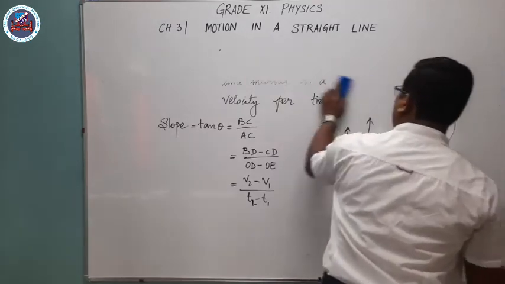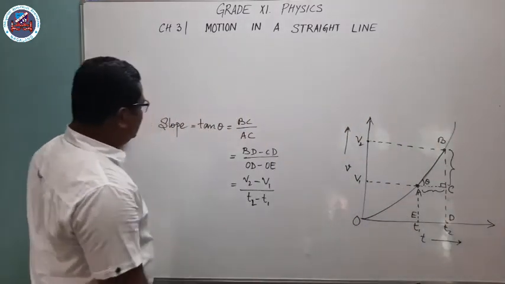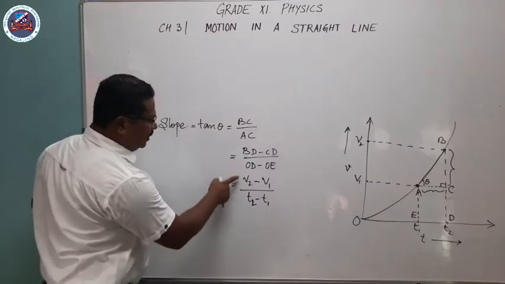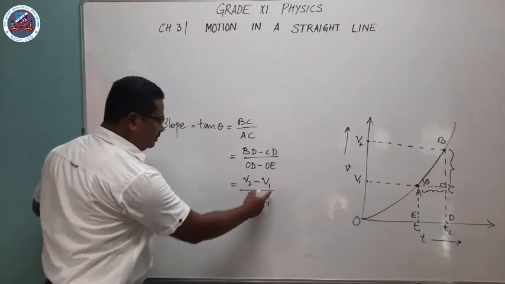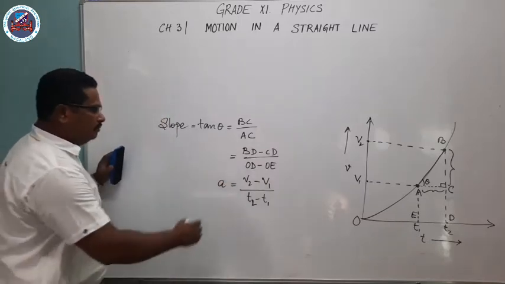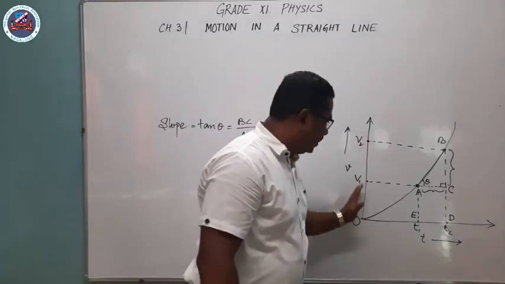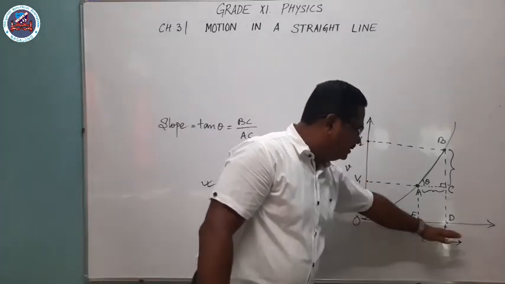And in this, this slope is giving you what? Velocity divided by time. Change in velocity with respect to change in time gives you the acceleration. It is giving you the acceleration here because the y-axis is velocity and the x-axis is time.